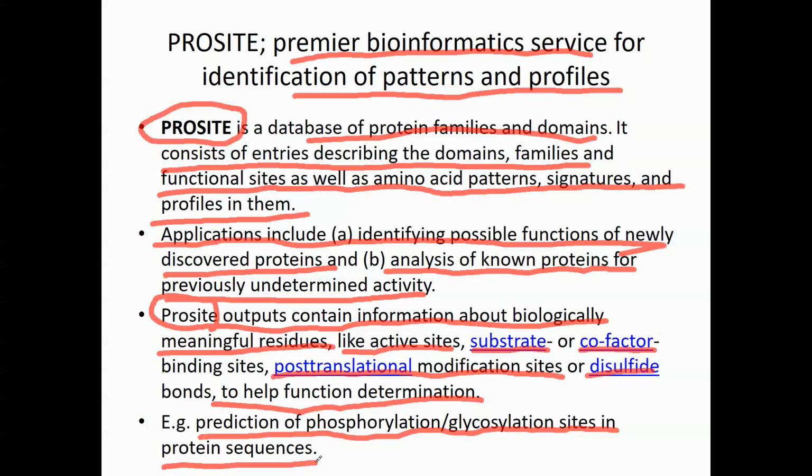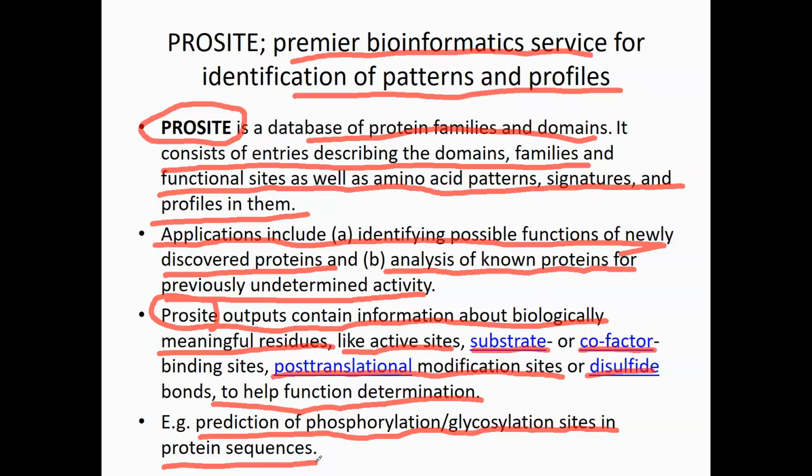So glycosylation is a process in which a sugar molecule is attached to the protein covalently. Phosphorylation is a process in which a phosphate group is attached to the protein. And this attachment of a sugar molecule or phosphate is not random.